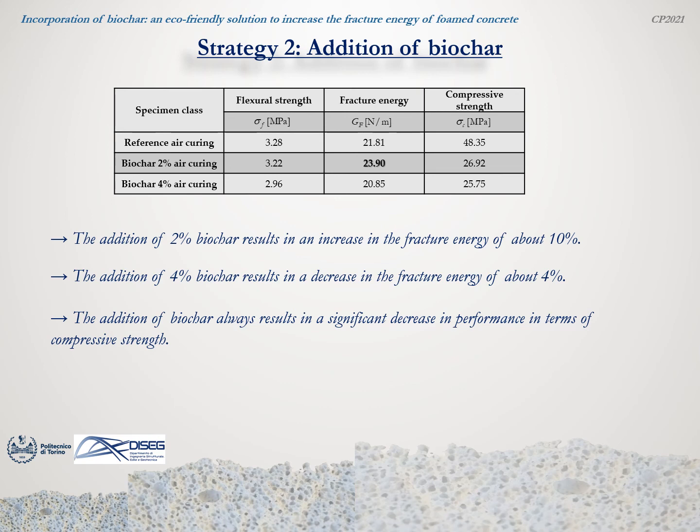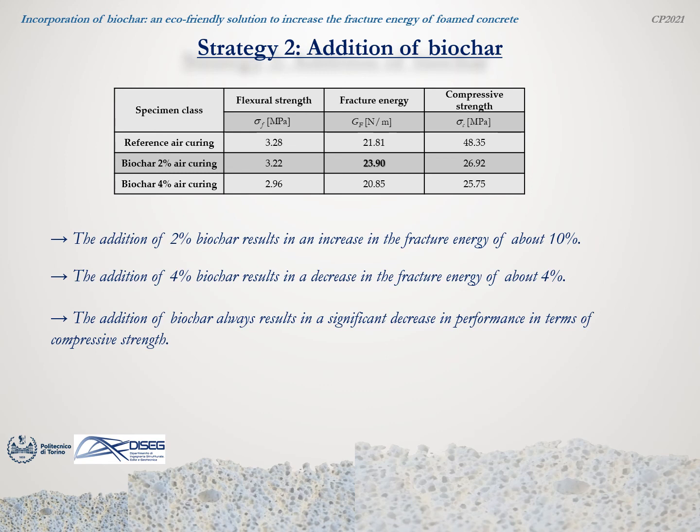The addition of biochar at 2% concentration seems to be beneficial in improving the fracture behavior of foamed concrete. In fact, there is an increase of the fracture energy of about 10% with respect to the reference samples. Conversely, the increase of biochar up to 4% gives rise to a slight decrease of about 4% in the fracture energy values compared to the lean samples.